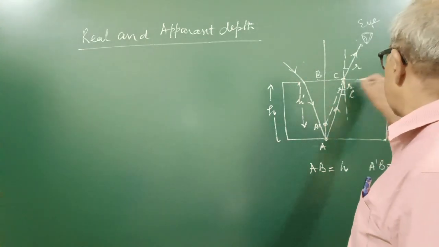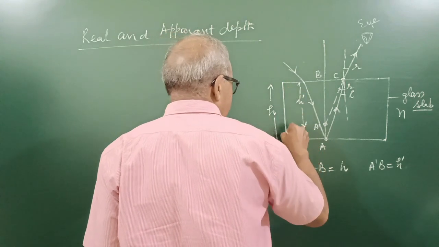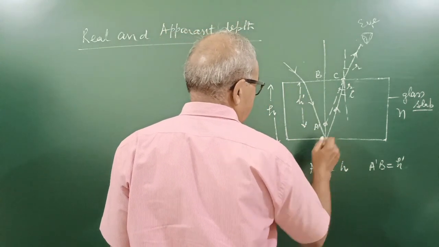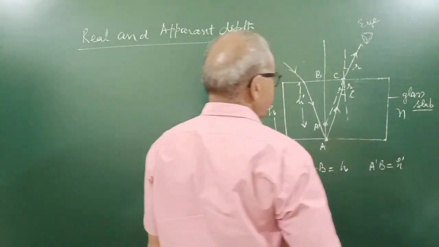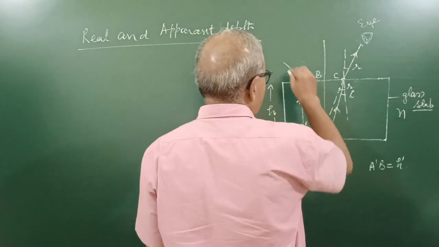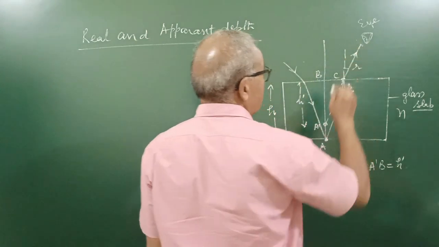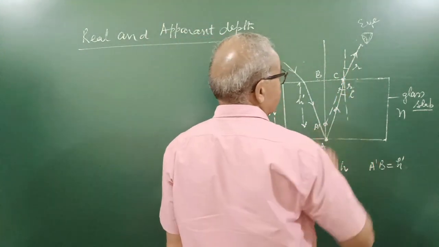Here in this figure it is a glass slab whose actual thickness is h, and here is some point object placed below this, which is being seen by this eye. Light falls from somewhere on this, and after reflection it goes back here and gets refracted.